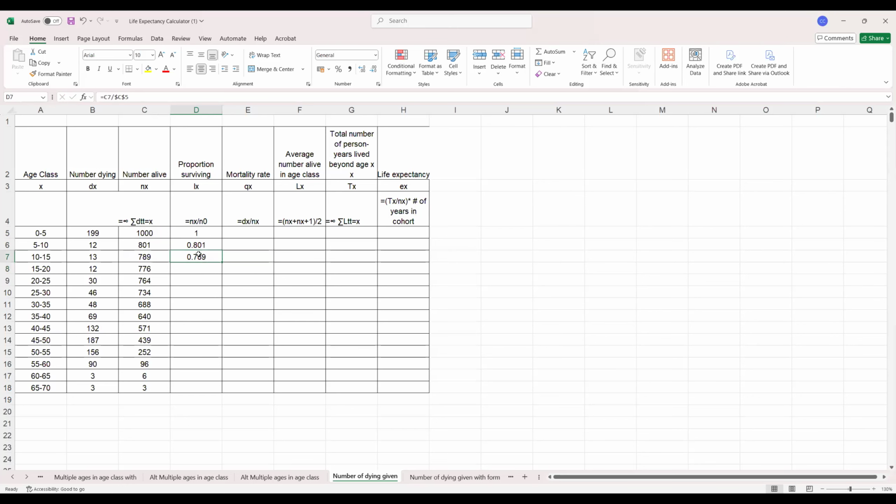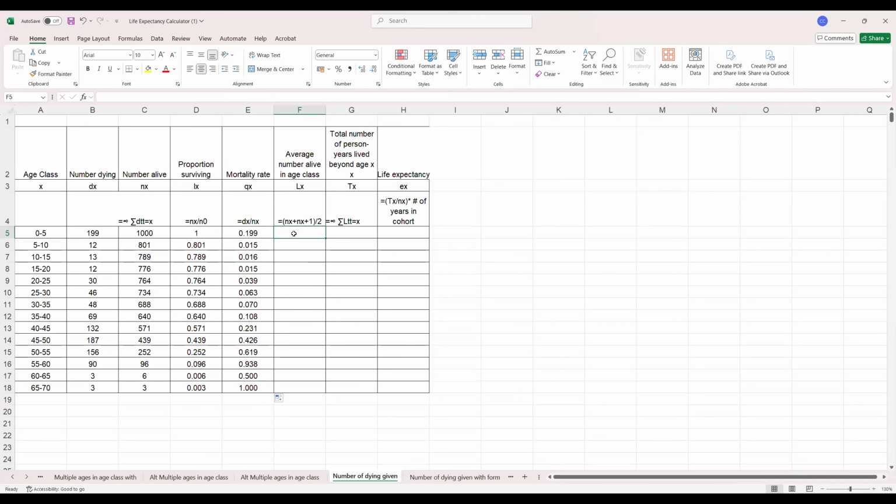And if you're confident, you drag and drop, and you mind the number of decimal places. So there you go. And then you deal with mortality: number who died versus number alive per age class. Number who died divided by number alive in that age class. You copy, paste. There you go. Okay, check for the number of decimal places.